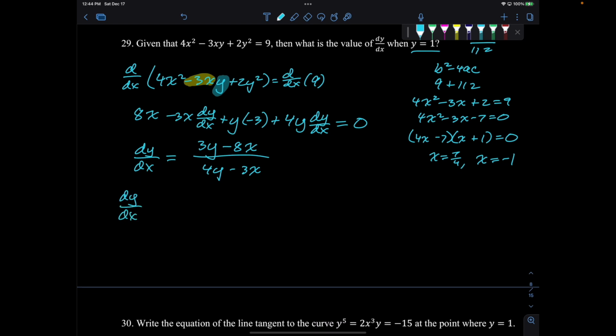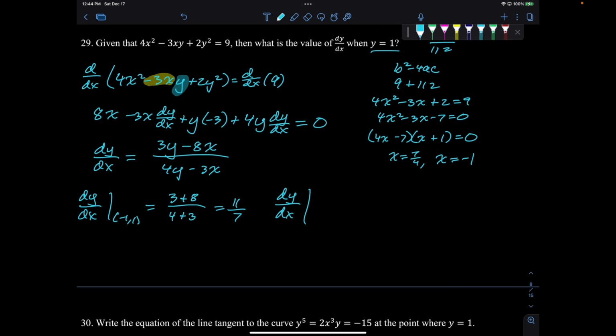So dy/dx at -1, 1 is going to be 3 minus 8 times -1, which is plus 8, over 4 plus 3. So 11 over 7. Let's try the next one. And then I'm definitely checking this on the calculator because this number is not pleasant.